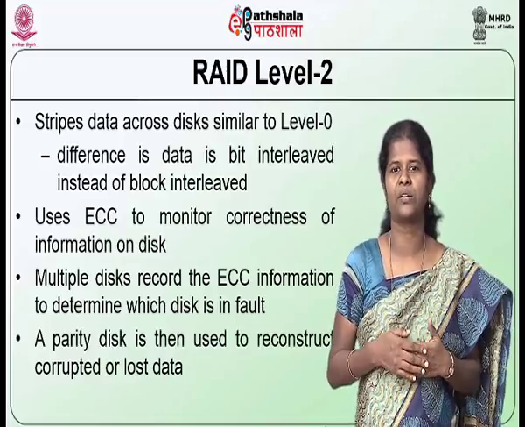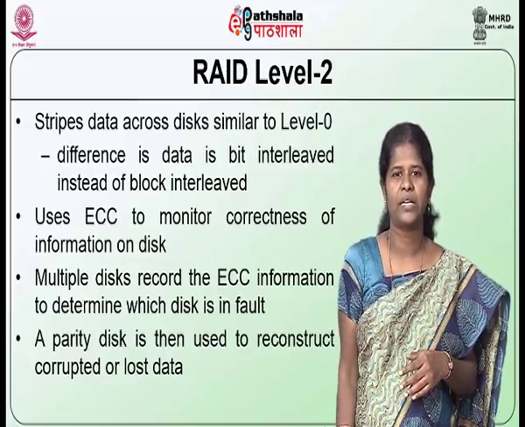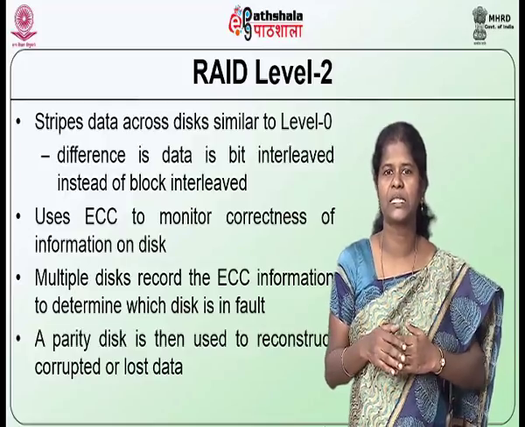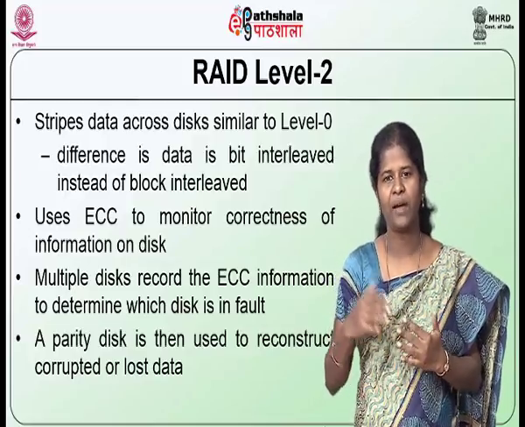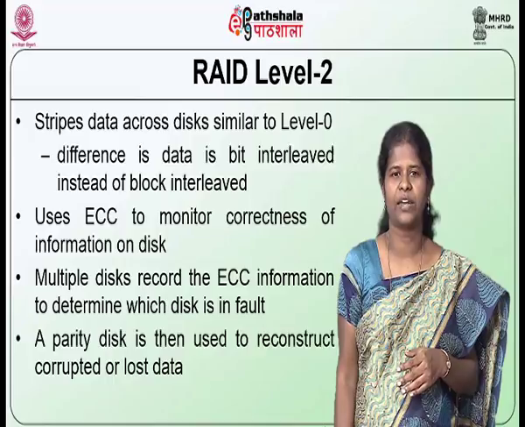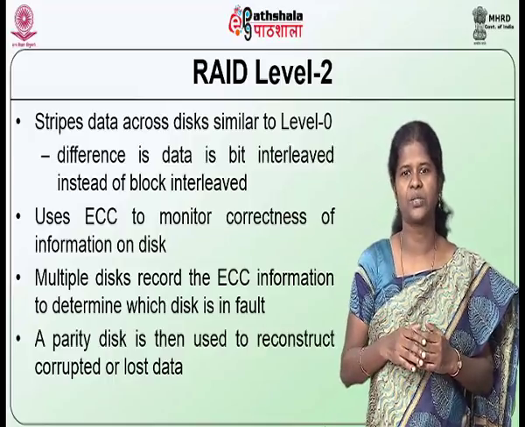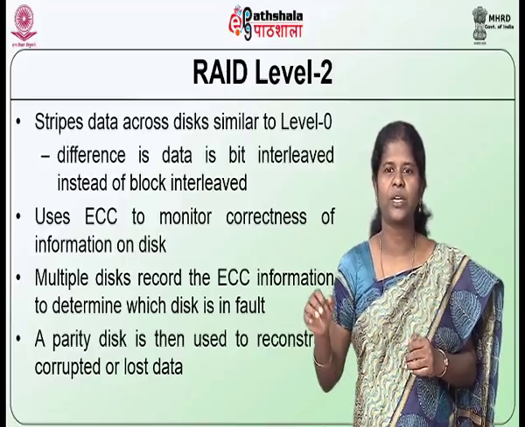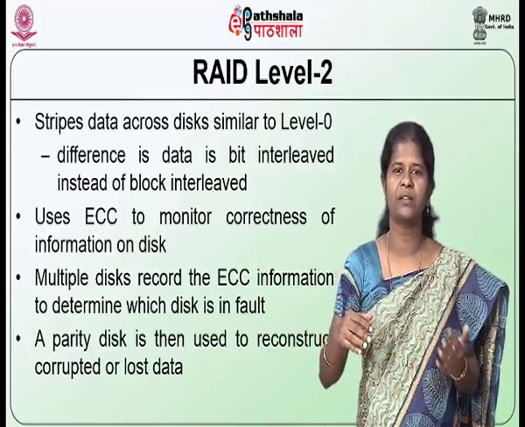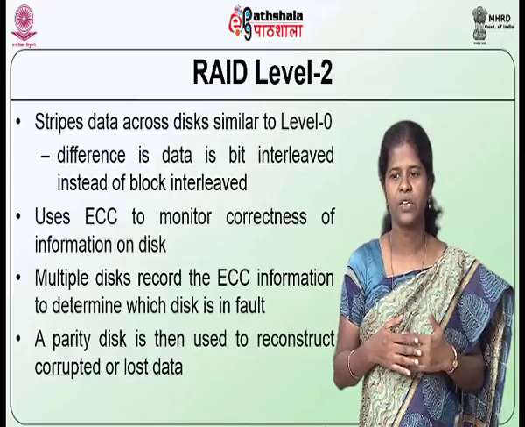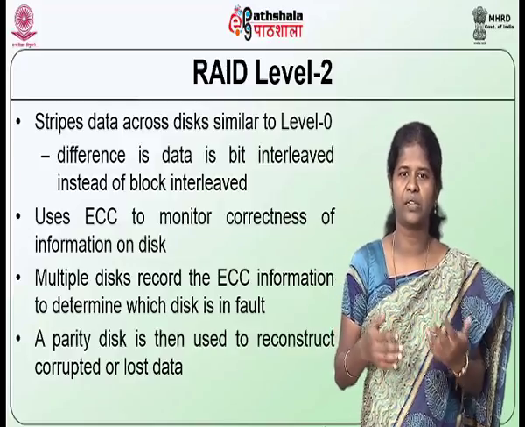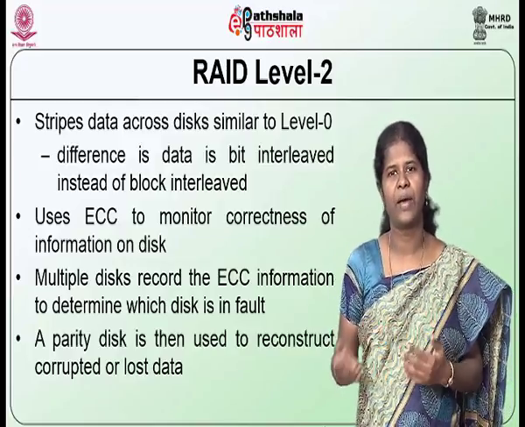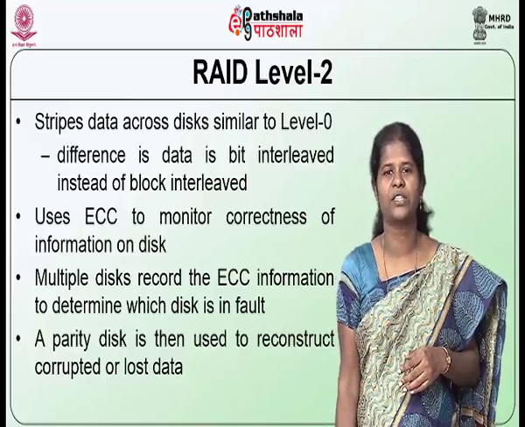The error correcting code is maintained on another disk. So you have multiple disks to maintain the data, you have disks to maintain the error correcting information, and in addition you also have a disk which will store parity bits, so that you can use the parity bits to reconstruct the corrupted or lost data. The ECC can be used to detect if there is an error, and the parity bit can be used to correct the data.